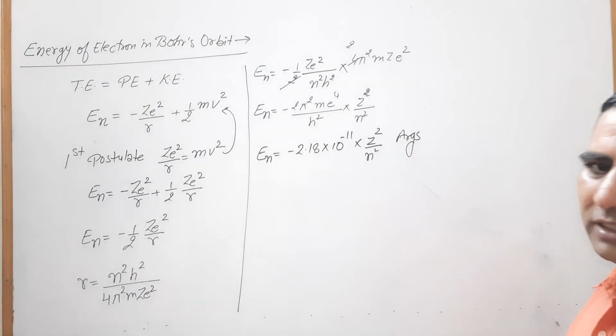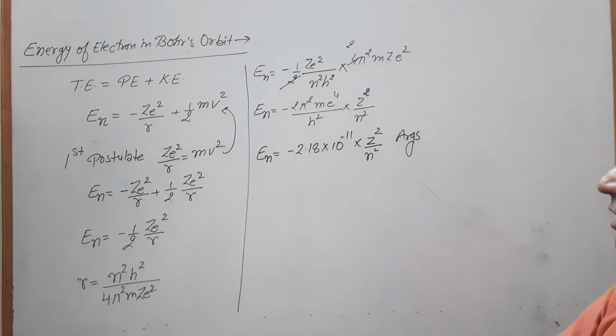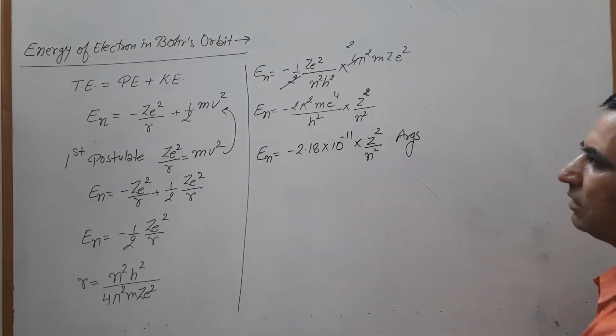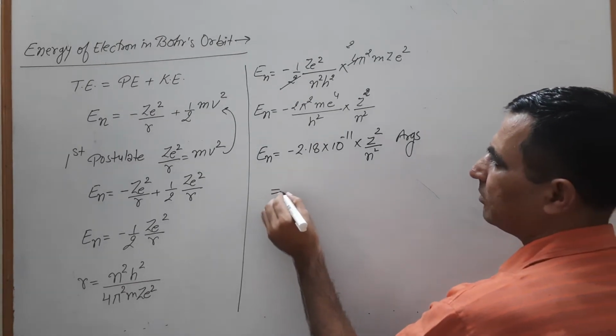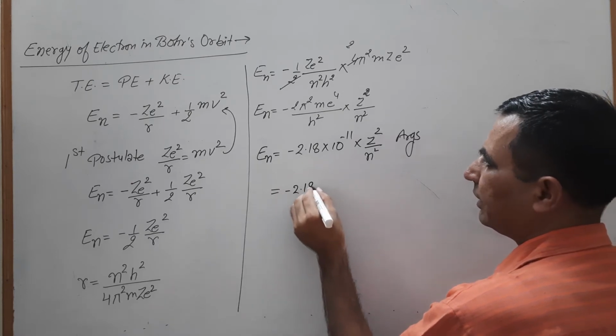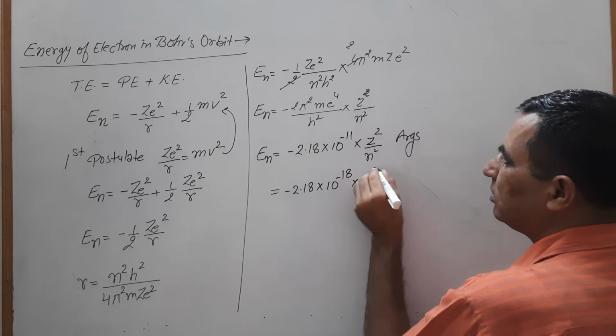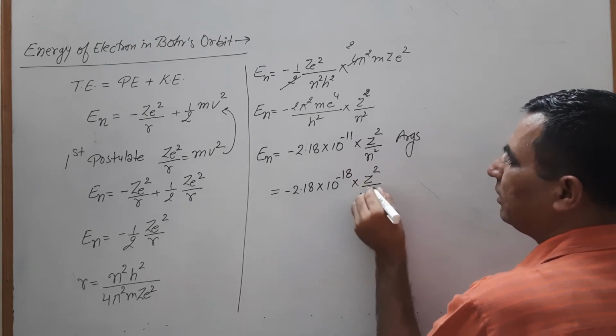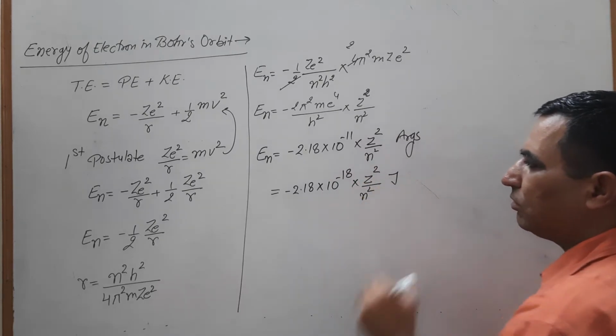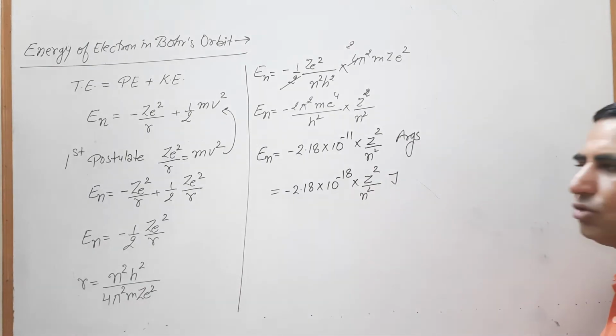The value of the energy comes out in erg. If you would like to change this erg into joule, the value is 2.18 into 10 to the power minus 18 into z square by n square. This value comes out in joule.